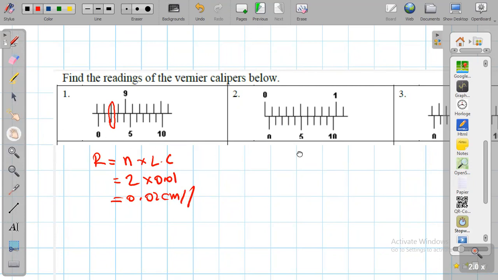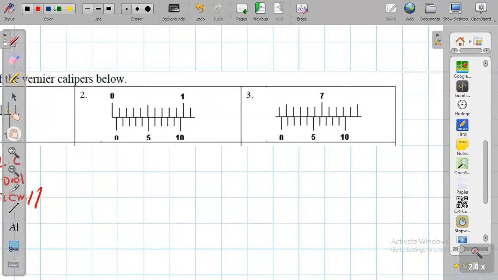It's not very big rocket science behind there. It's like 1, 2, 3, 4, 5, and the sixth line is in tally with each other. The reading is the number of the line, 6, multiplied by the least count of 0.01. So you may get the answer 0.06 centimeter.